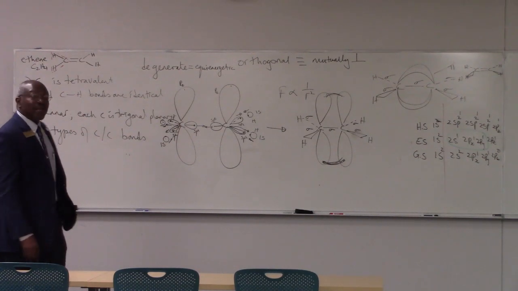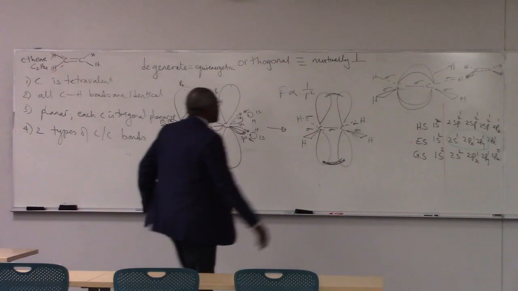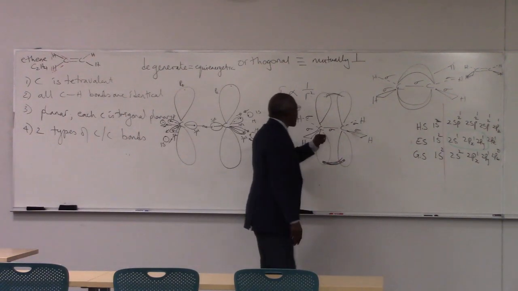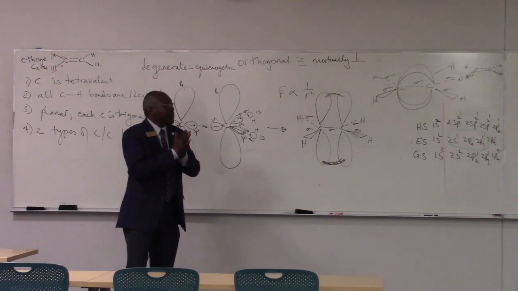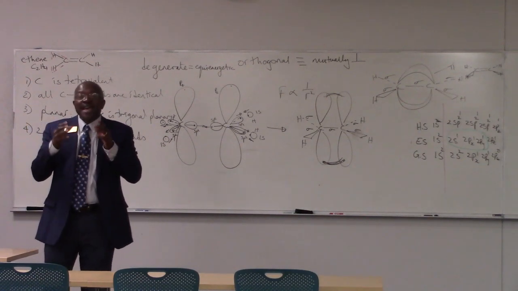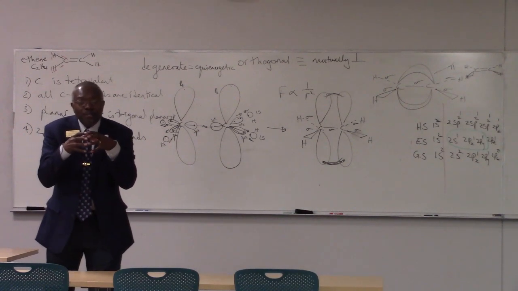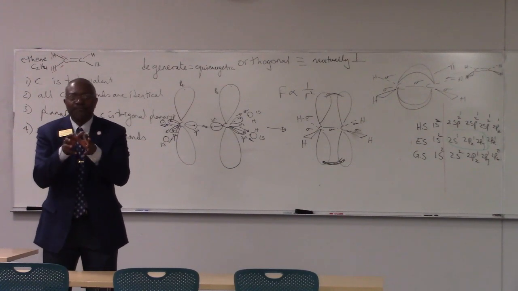The molecule is planar, with each carbon being trigonal planar. Well, of course. The carbons are trigonal planar because the sp2 hybridization creates 3 sites of electron density that have s character, so they're very close to the nucleus and by extension close to each other. So repulsion is massive.